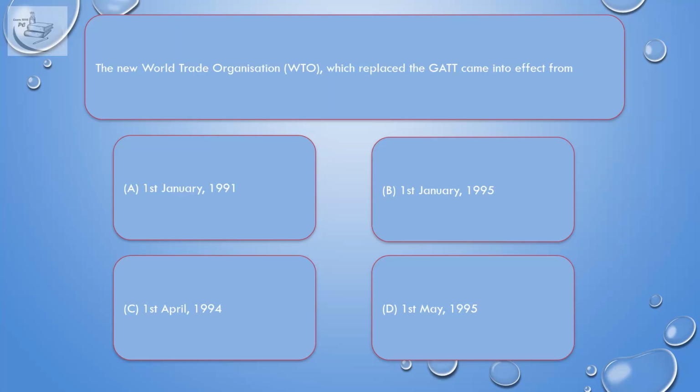Question: the new World Trade Organization, WTO, which replaced the GATT, came into effect from A. the 1st of January, 1991, B. the 1st of January, 1995, C. the 1st of April, 1994, D. the 1st of May, 1995. Correct answer is B. the 1st of January 1995.